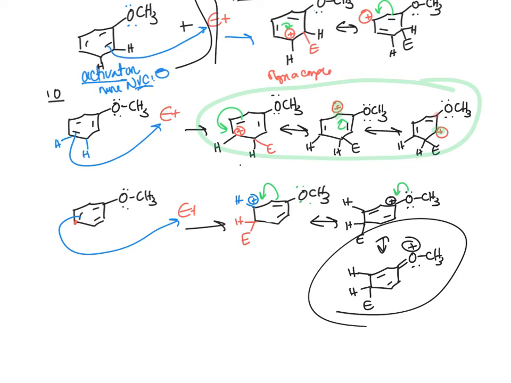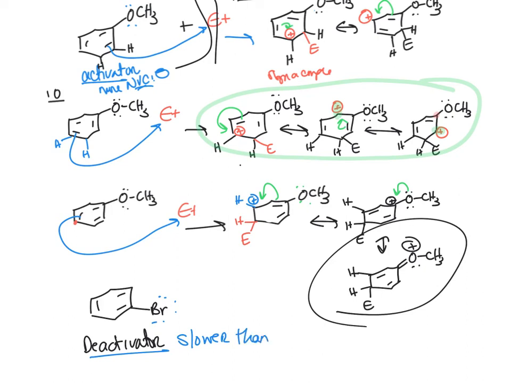However, a halogenated benzene is a deactivator. So if you have benzene, bromobenzene, this is a deactivator, but yet it has lone pairs. Okay, so this is the exception. Draw bromobenzene. So it's a deactivator, which means it's going to react slower than benzene.